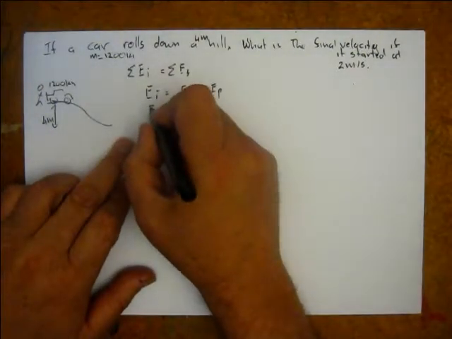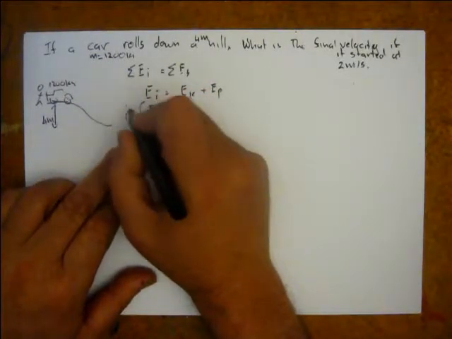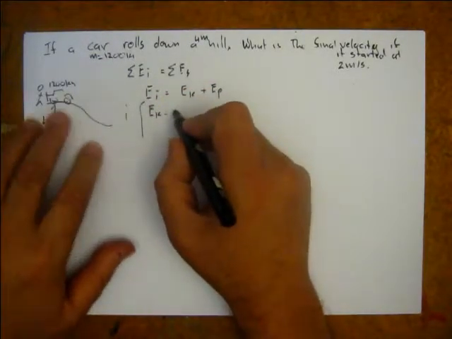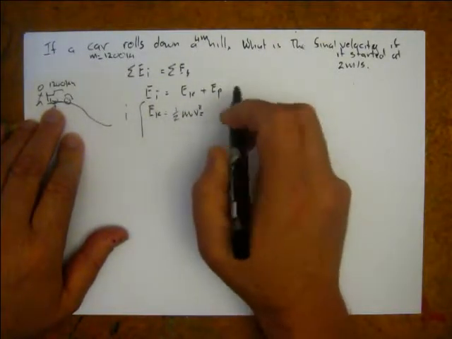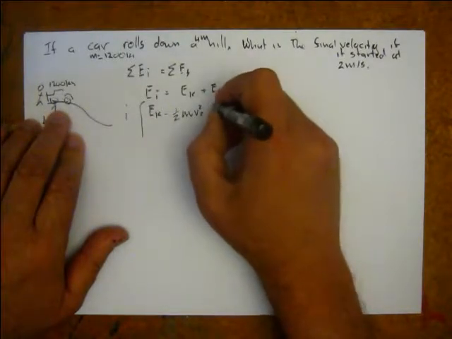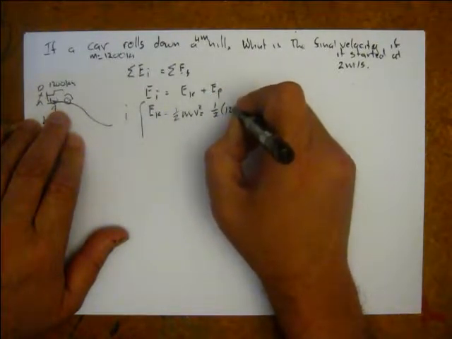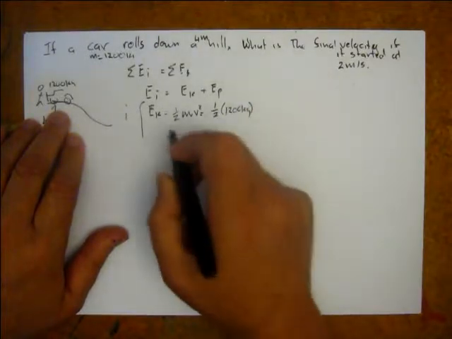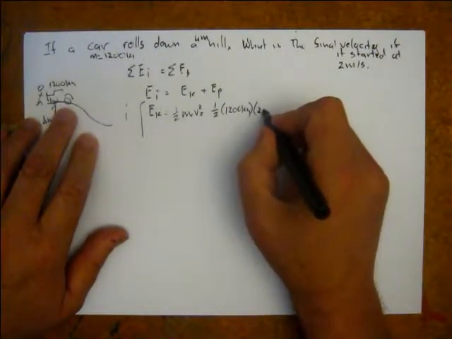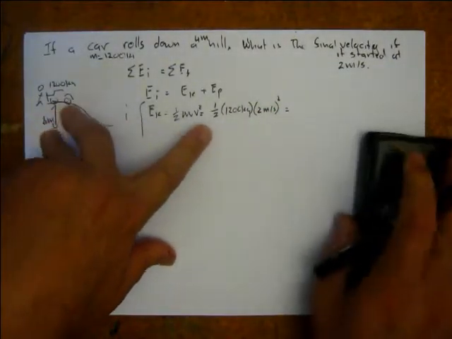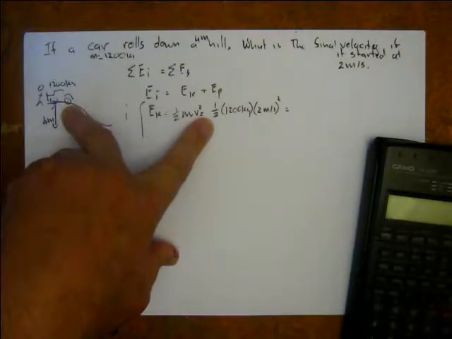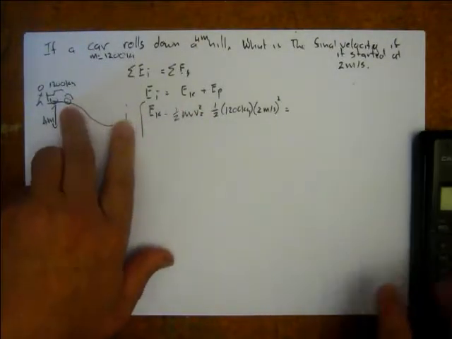So EK initial equals half mv squared, which equals half mass, which is 1200 kg, times velocity, 2 meters per second, squared, equals, what's that, 1200 times 2 squared times 0.5 equals 2,400 joules.